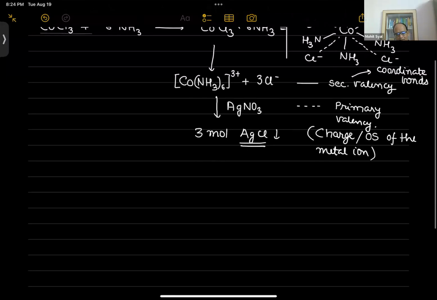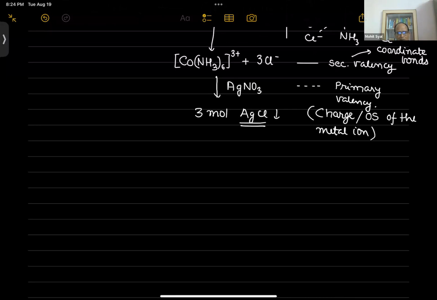Next, he not only studied one compound but the whole series of compounds formed by cobalt chloride and ammonia molecules. The other compound is this one, ending up with CoCl3·5NH3.